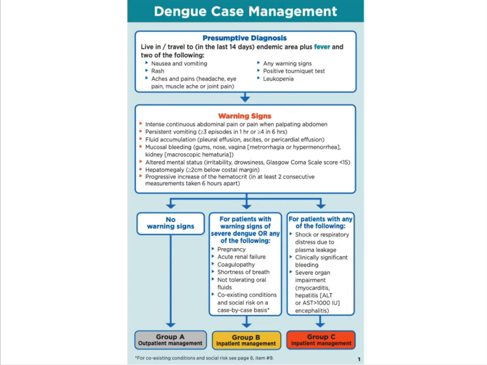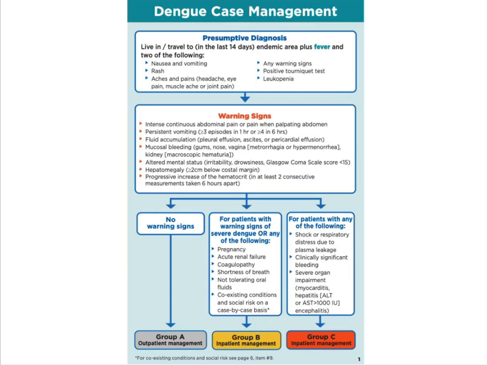Dengue, most of the time, like a lot of these infections, presents asymptomatically. So it's just a matter of recognizing warning signs and symptoms that might suggest the person's going to get into hemorrhagic fever or any kind of severe dengue. So you start with a presumptive diagnosis: travel history within the last 14 days, plus fever, plus these non-specific symptoms, nausea, vomiting, or rash, body aches.